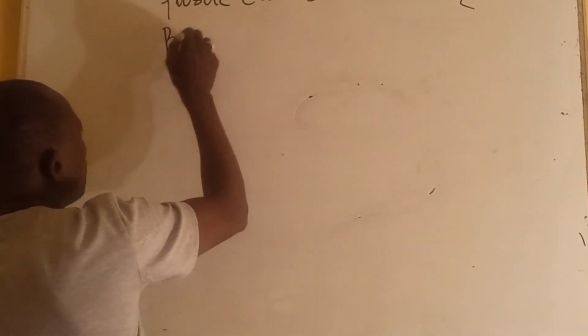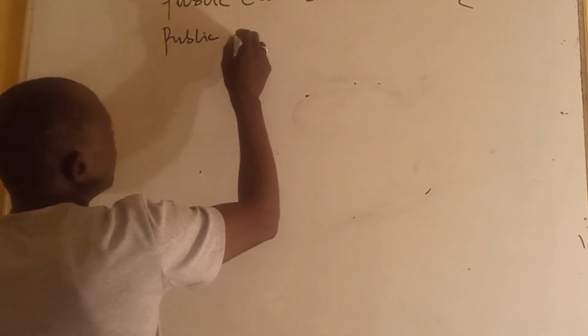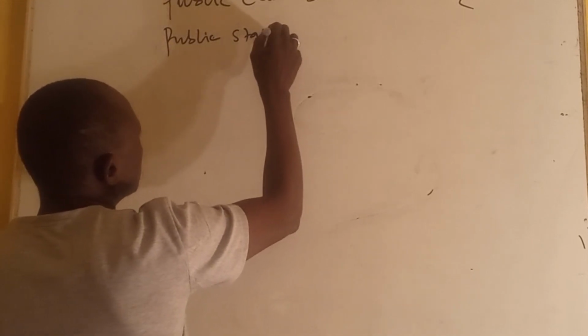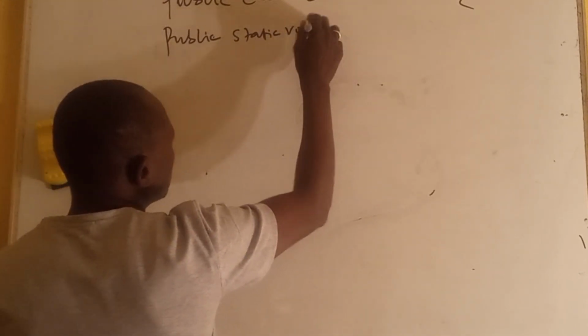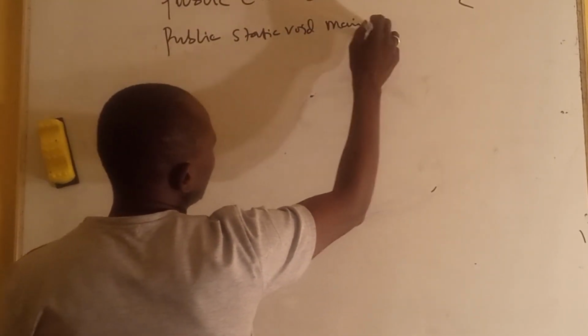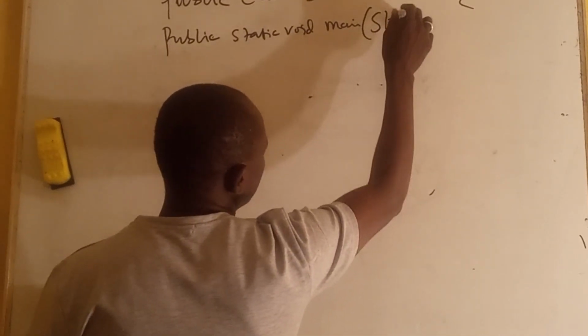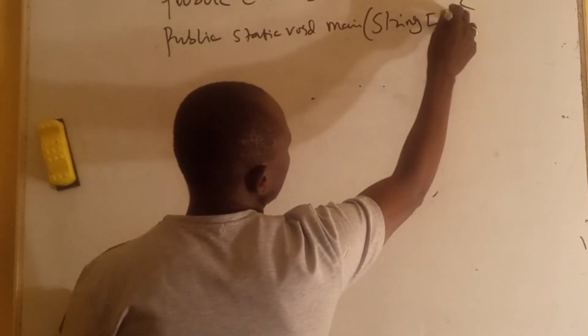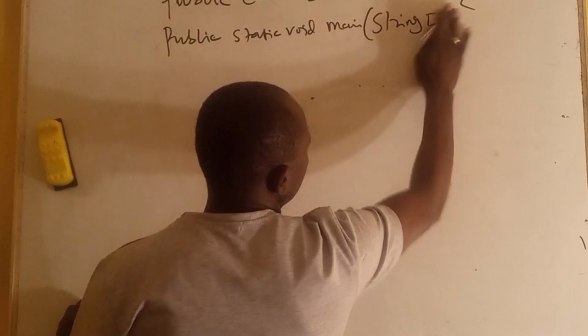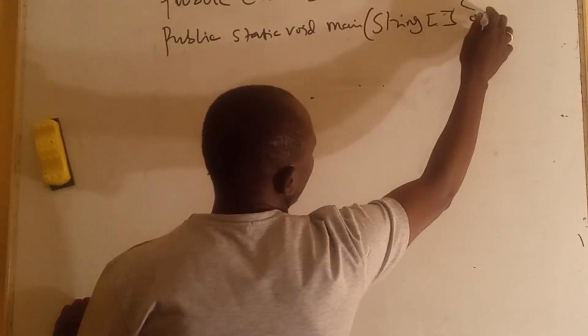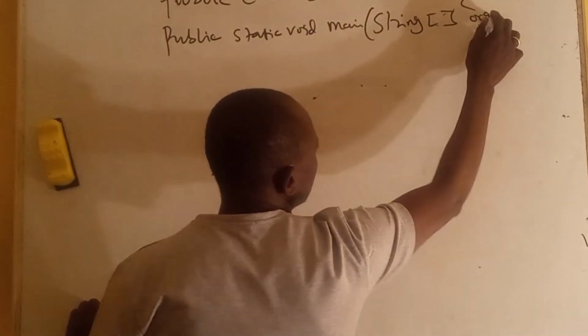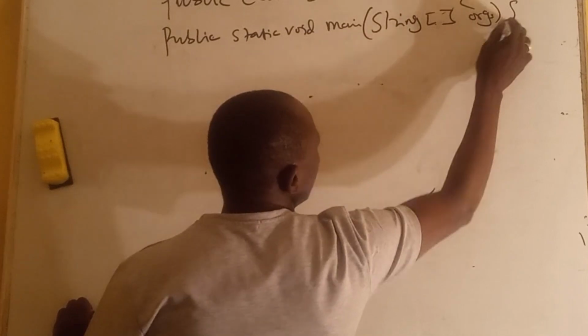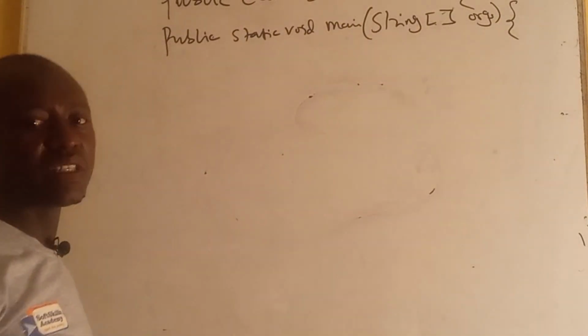Then we have our public static void main, String args. We open our curly braces again.